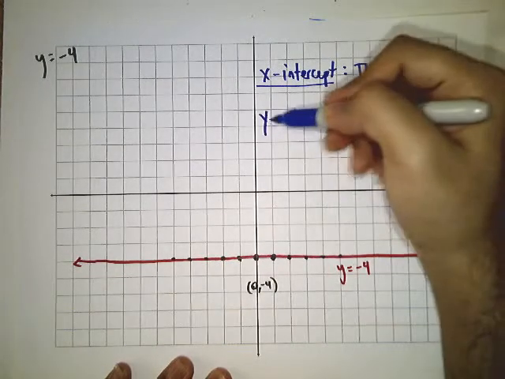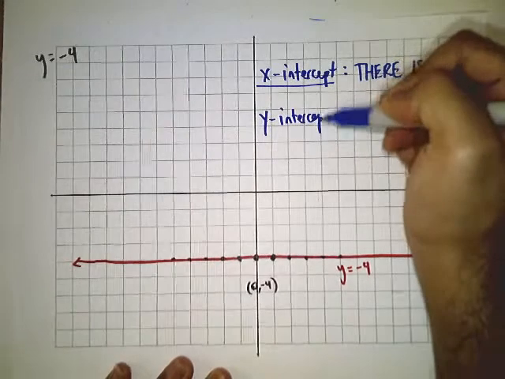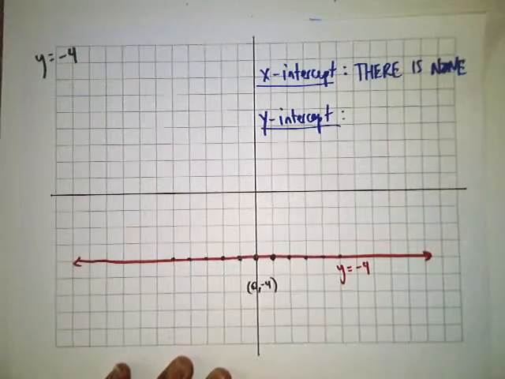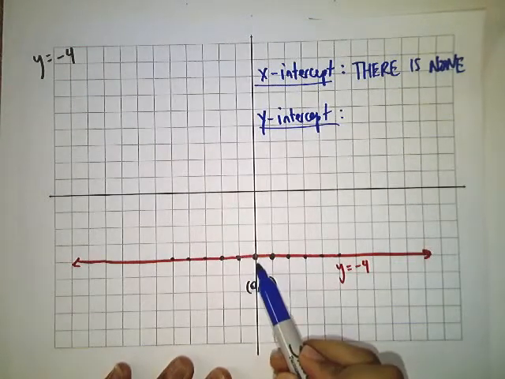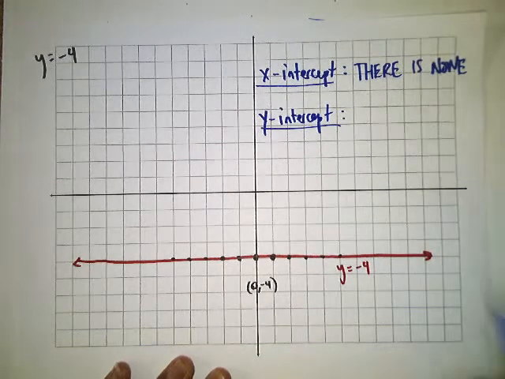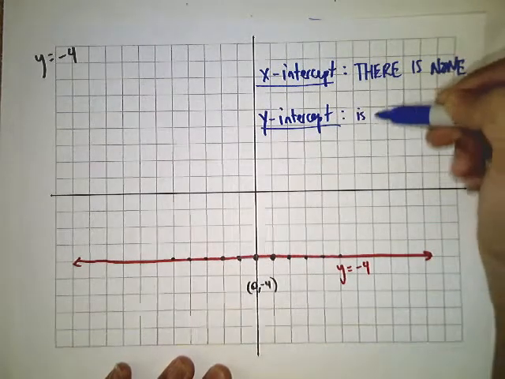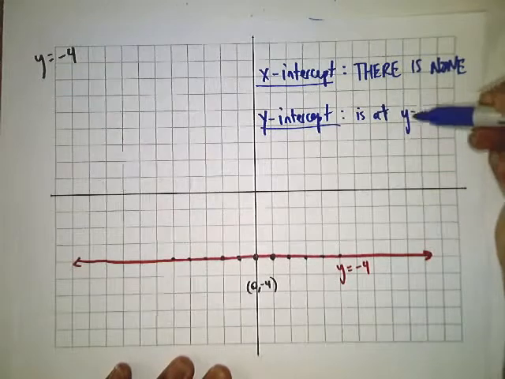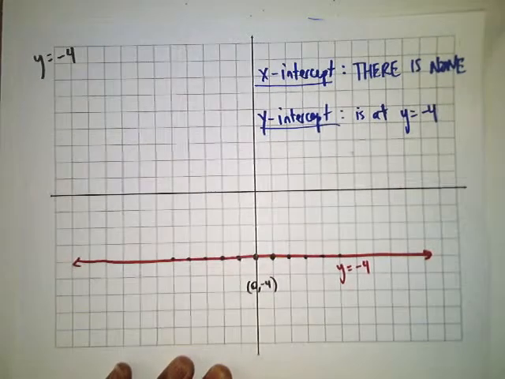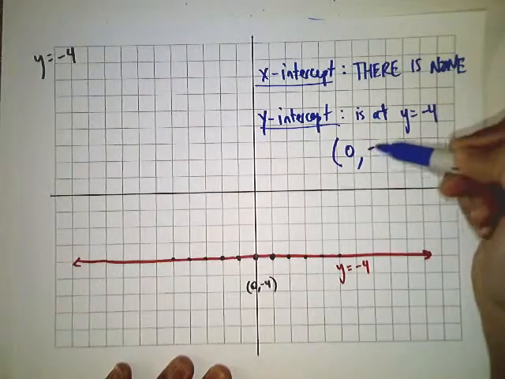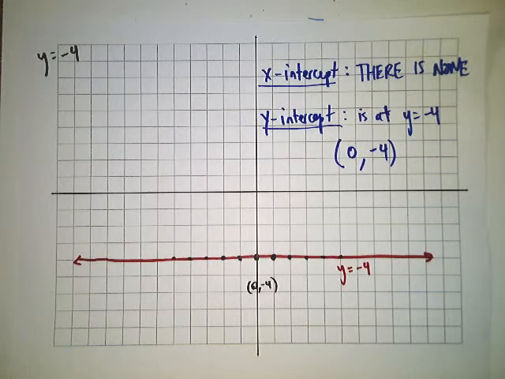What about a y-intercept? Yeah, it's right there. The y-intercept is at y equals negative 4. In other words, that point is (0, negative 4). So those last two cases, vertical lines and horizontal lines, are a little bit different.